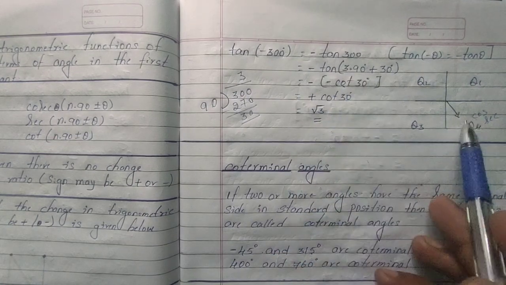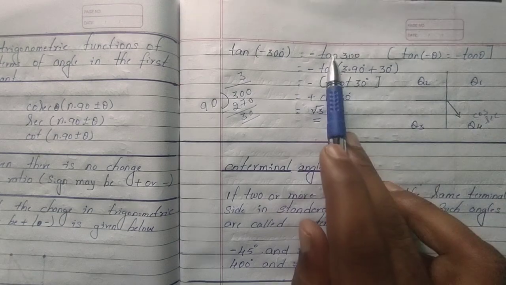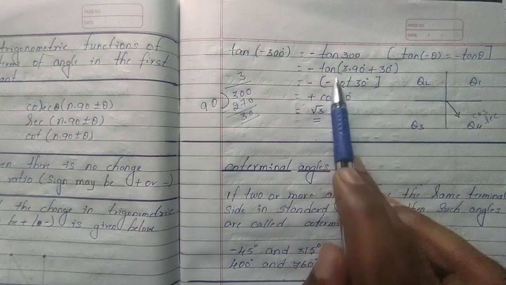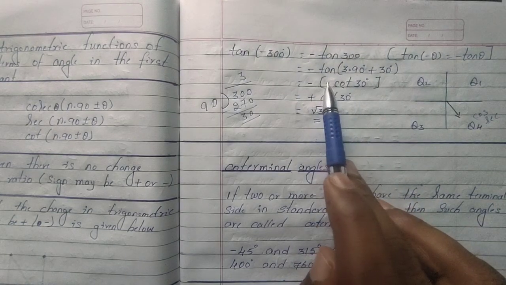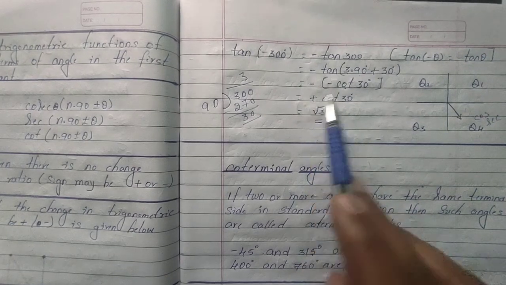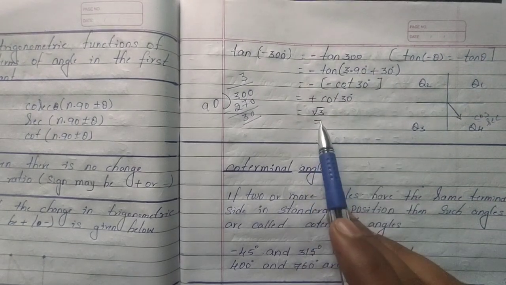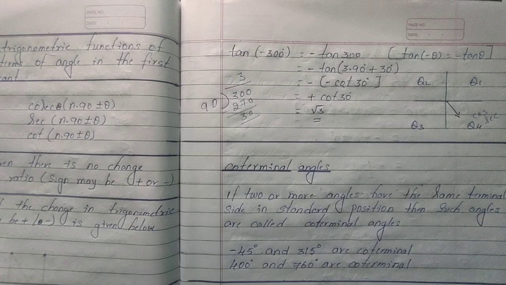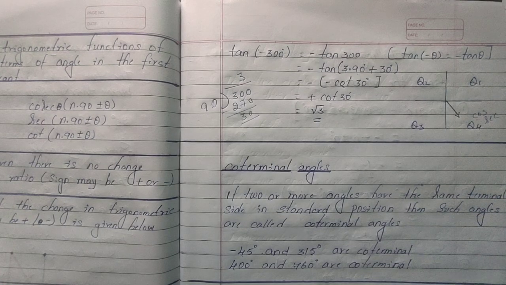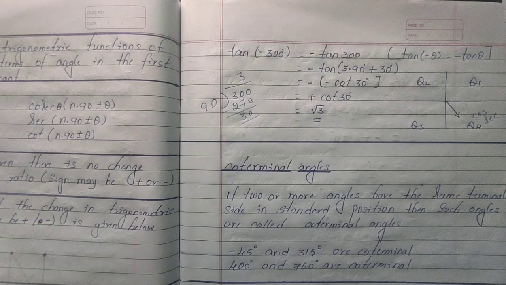Then 300 lies in the fourth quadrant. In the fourth quadrant tan is negative, therefore we should take negative. So minus into minus will become positive. Cot 30 is root 3. Like this we need to do the sum. This is very important. Most of the questions come from this area.